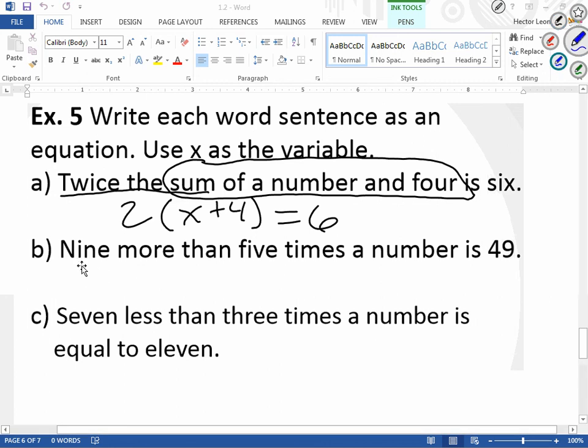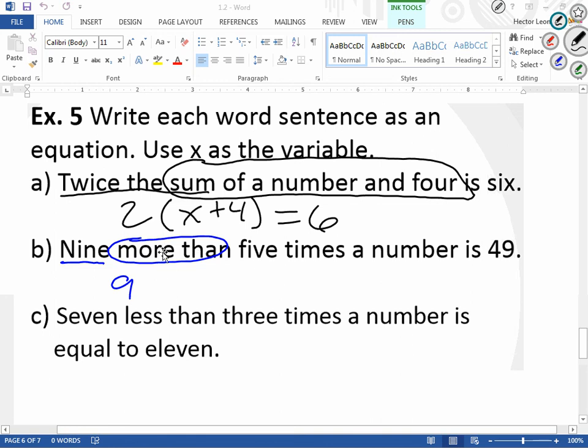Looking at example B. 9, so I have a 9, more than, it means plus, but because of the word than, if it was just more or plus, then it will be a plus sign after the 9.